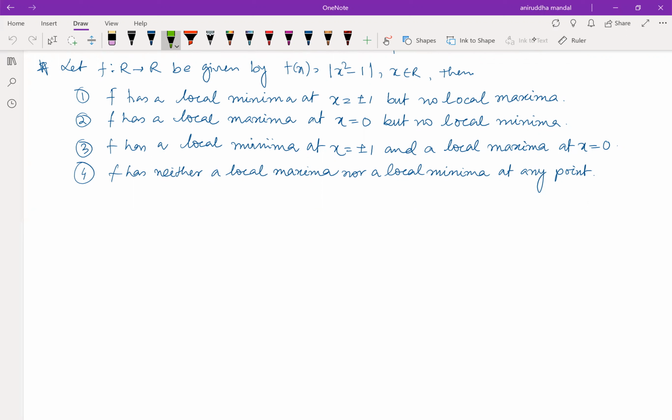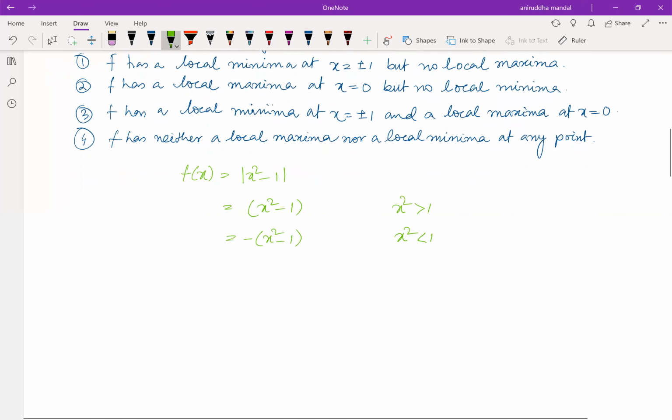Let f(x) equal mod of x square minus 1. If we open this mod function, for x square greater than 1 it is x square minus 1, and for x square less than 1 it is 1 minus x square.